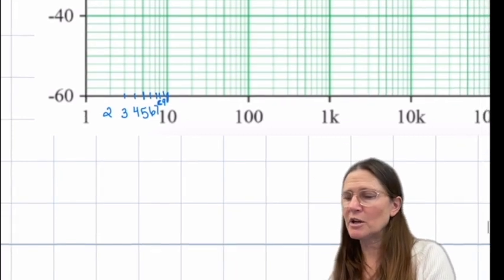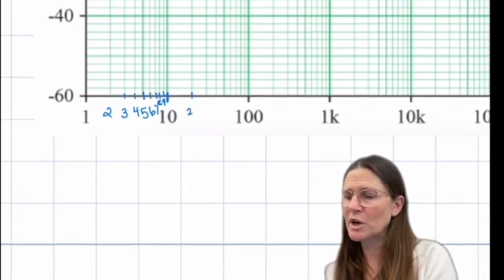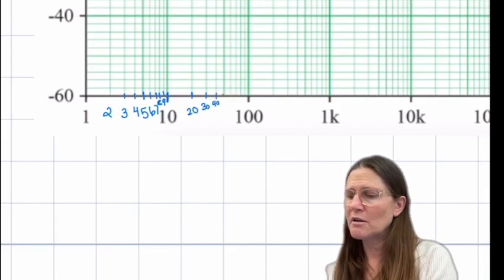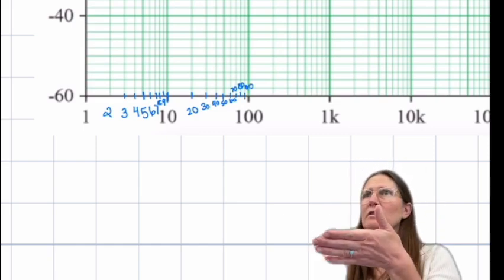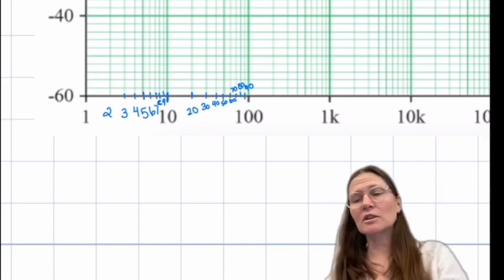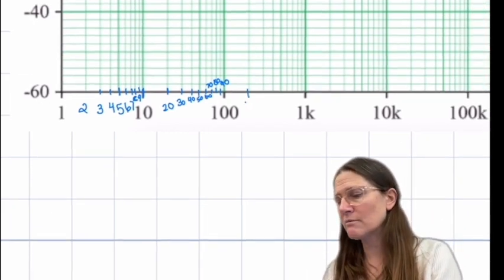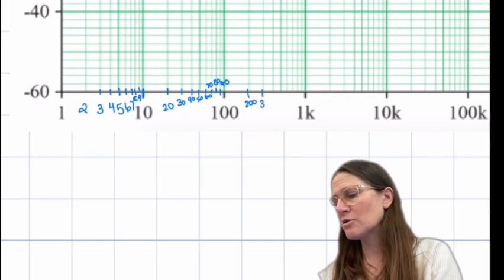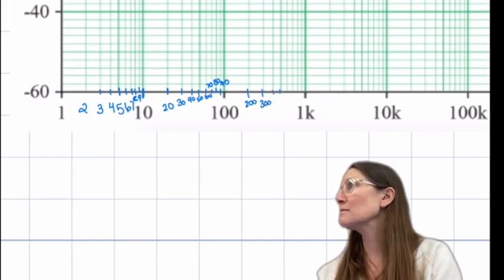And so from here, this first one's going to be 20, then 30, 40, 50, 60, 70, 80, 90, and then it would be 100. And then the next section's going to be 200, 300. Does that make sense?